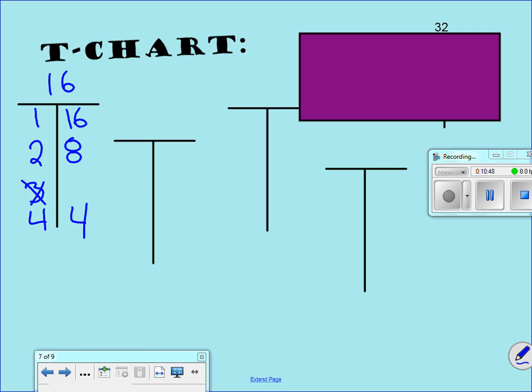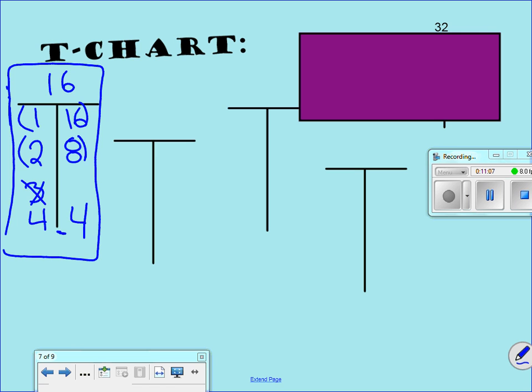There are no numbers between 4 and 4, so this would be our complete T-chart for the number 16. So we know that 1 and 16, 2 and 8, 4 and 4 are our factor pairs. But if we were to write it out in a list, we'd go 1, 2, 4, we just need to write the 4 once, 8 and 16.